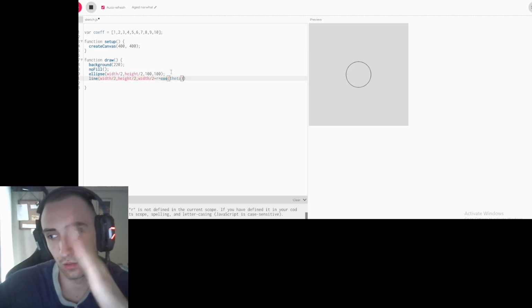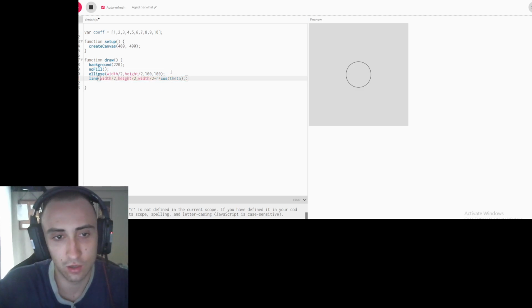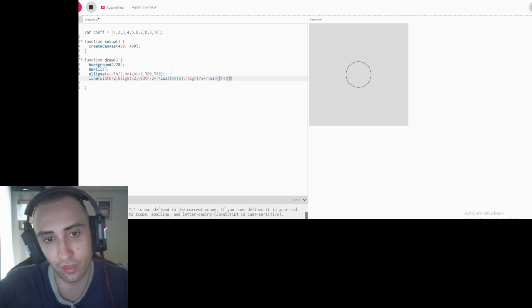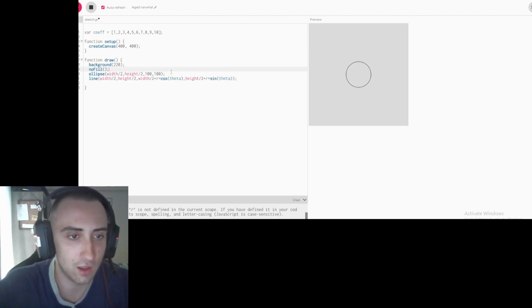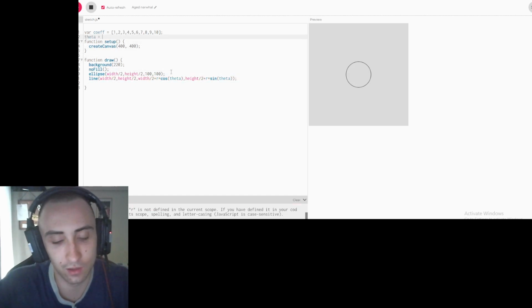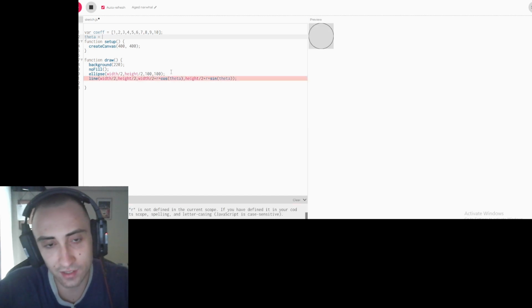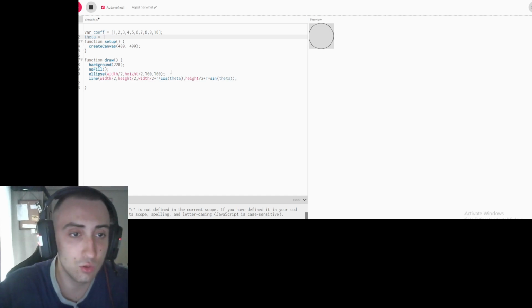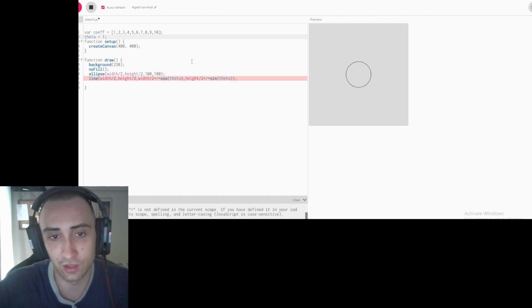Wait, that's r cosine. Height divided by 2 plus r times sine of theta. And I will tell you what theta is. Theta will be, I'm guessing sine and cosine get radians. So let's do 1 and we will see.